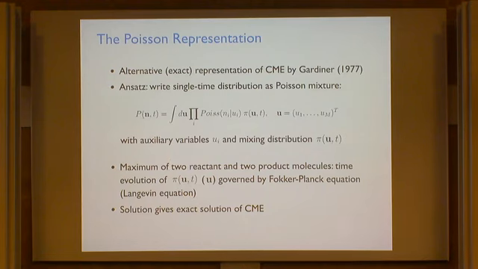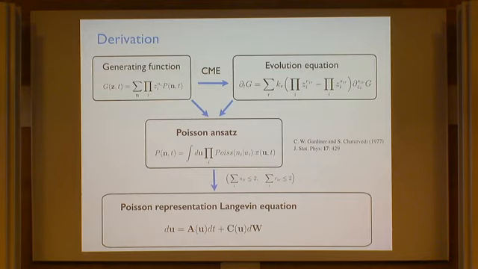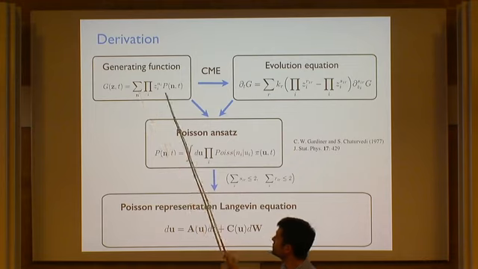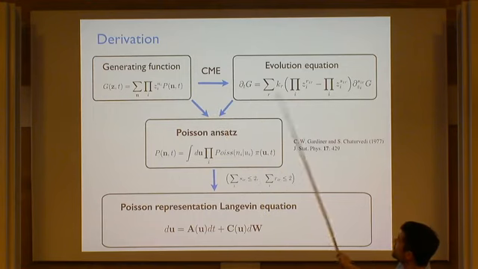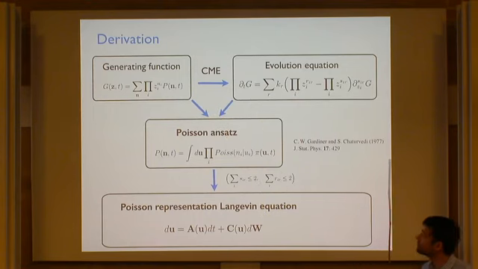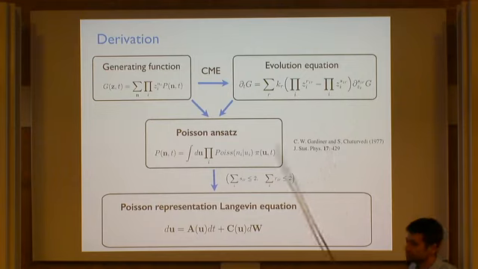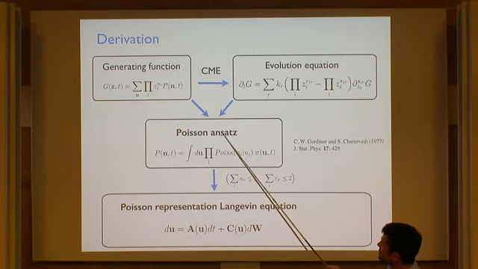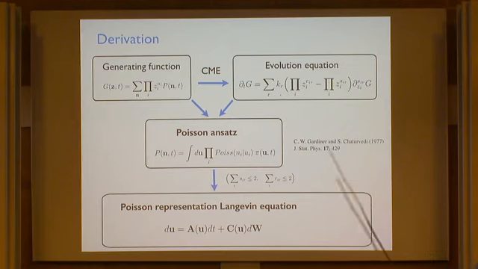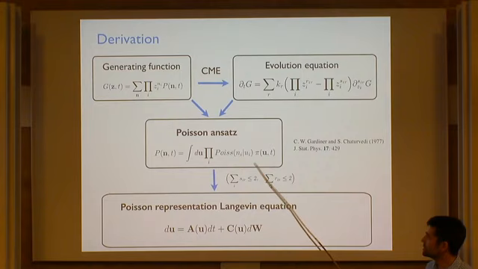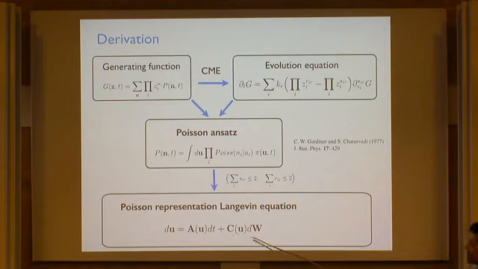I just want to very quickly give you an idea of how you derive this. You define the generating function of your distribution. When you plug this into the chemical master equation, you get a PDE for the generating function. And if you now plug the Poisson ansatz into this equation, then you arrive at the Fokker-Planck equation for the mixing distribution, or equivalently at the Langevin equation for those new variables u.